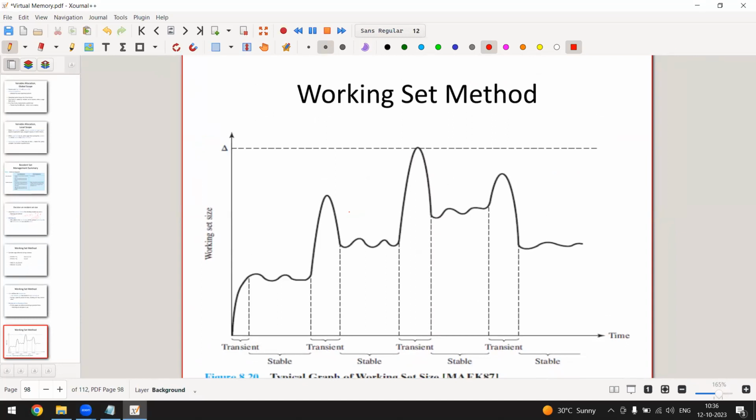So you can see that during the execution of the process, there come some periods where working set grows and then again becomes stable, then again it grows, again it becomes stable, right? This phase of growing means change of locality.